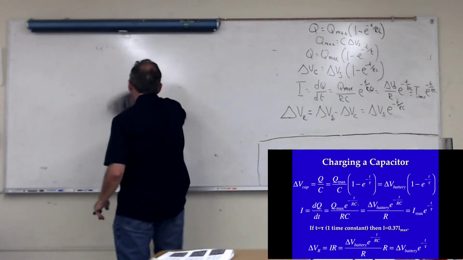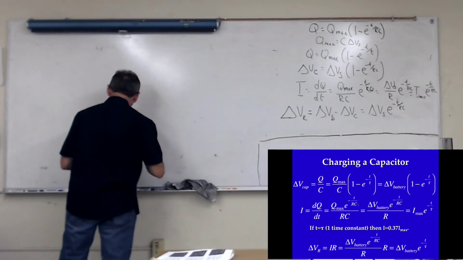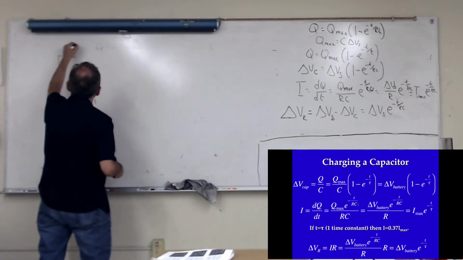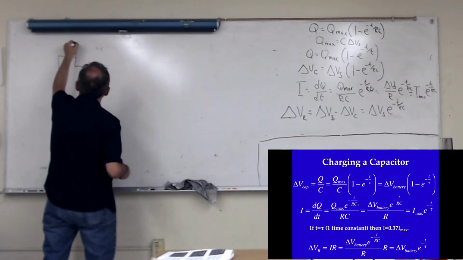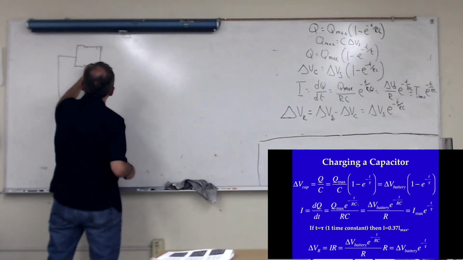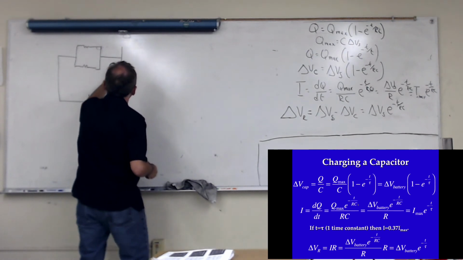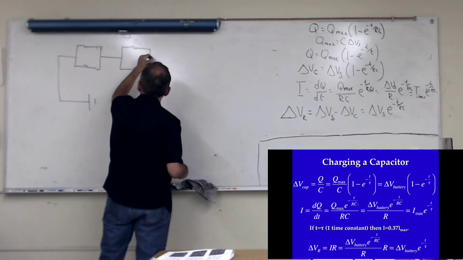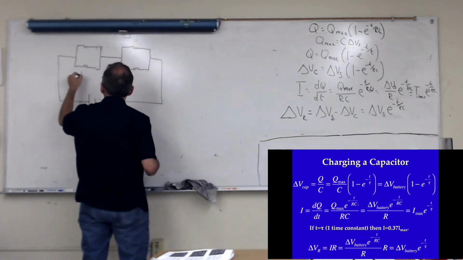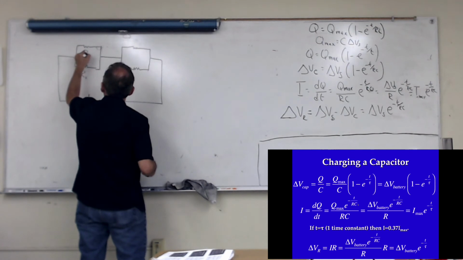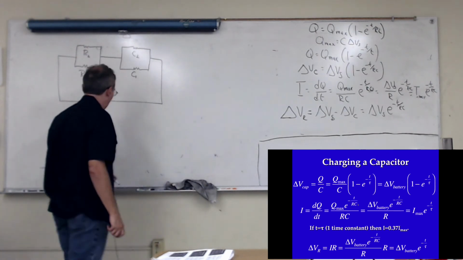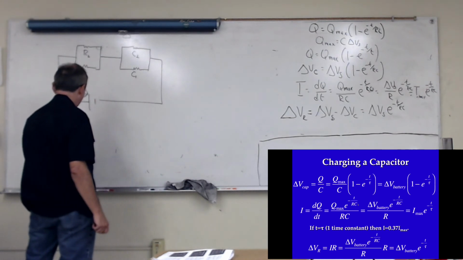So this is a good question. R1, R2, C1, C2. First thing, I'm going to reduce these two into a single resistor.